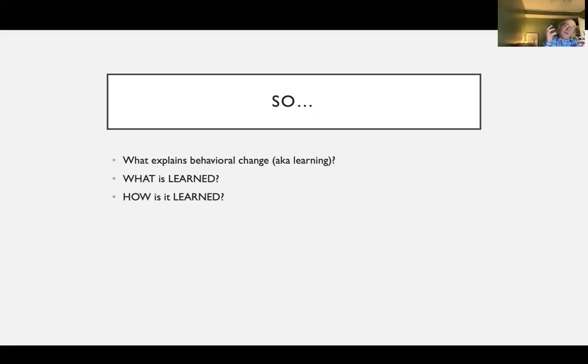Whereas when I'm hanging out with my parents and I use that dirty word, it leads to a punishment. So they learn context matters. Finally, how is it learned? How things are learned with operant conditioning is that when the behavior occurs, there is a reliable presentation of either a reinforcer or a punisher, and they make that association between my behavior and what comes after.